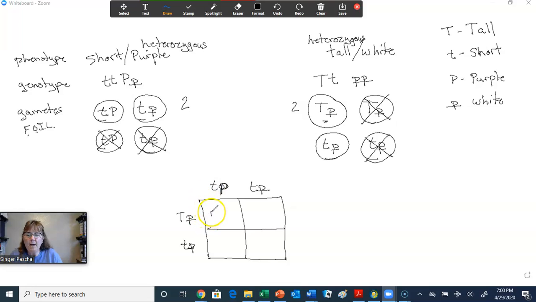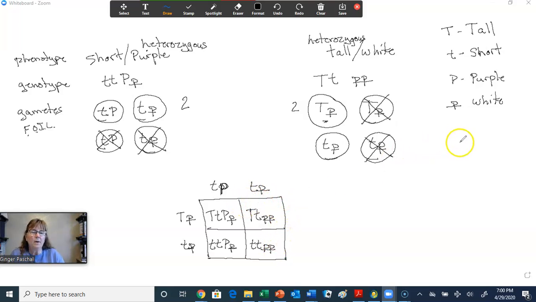So we have a capital T, lowercase t, capital P, lowercase p when we combine these two. We have a capital T, lowercase t, and two lowercase p's when we combine these two. We have two lowercase t's, a capital P, and a lowercase p. We have two lowercase t's, two lowercase p's.